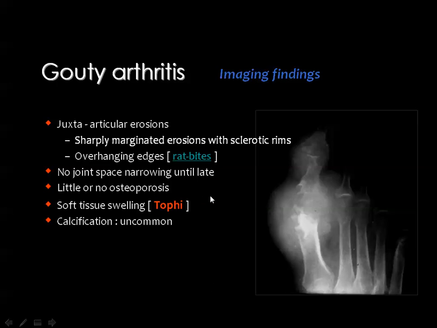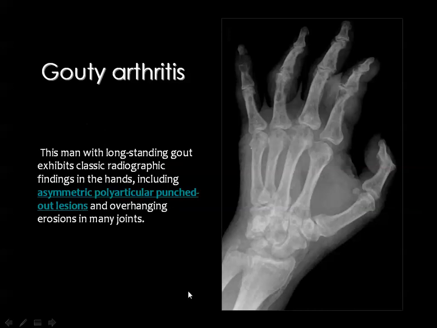Little or no osteoporosis. This disease will not manifest by osteoporosis, and the crystal deposition will result in soft tissue swellings, which are known as the tophi, and these tophi are sometimes calcified.